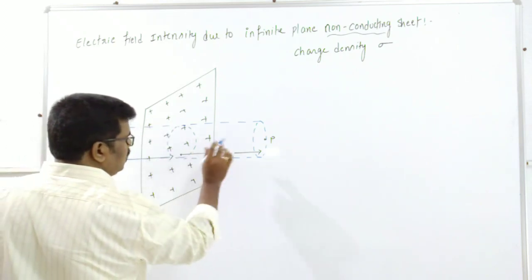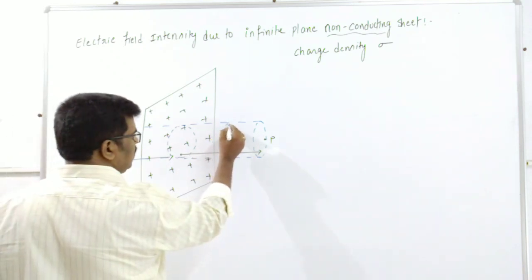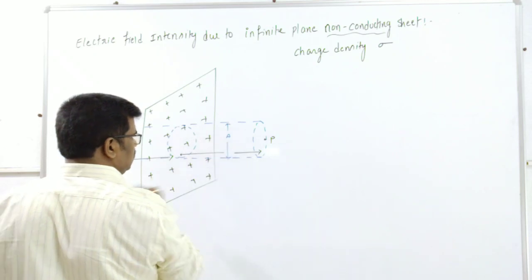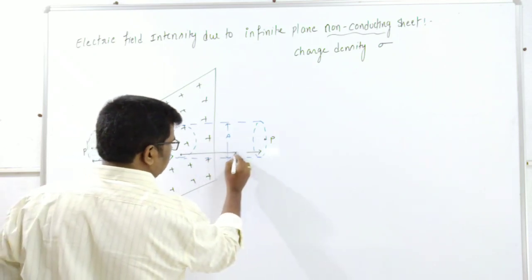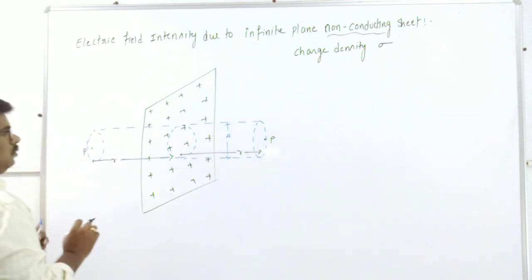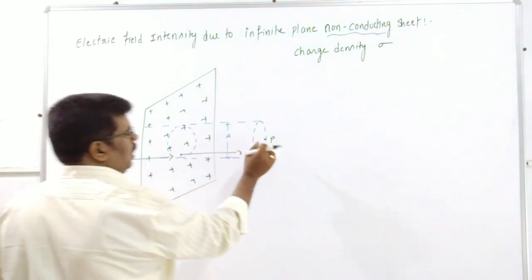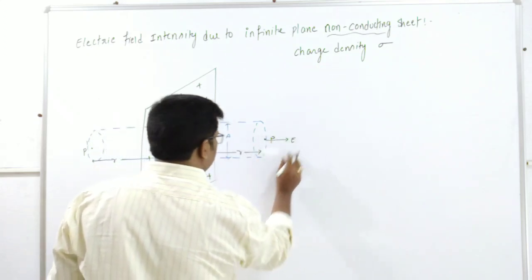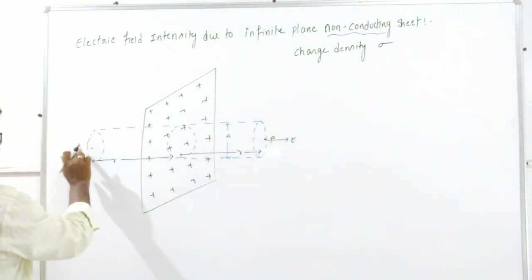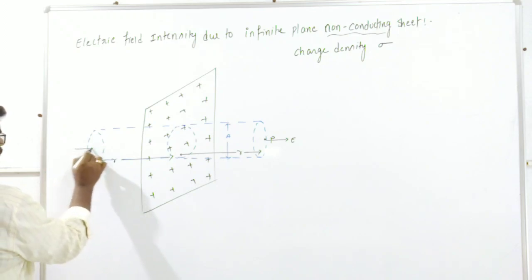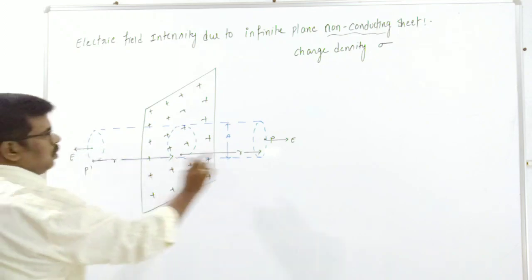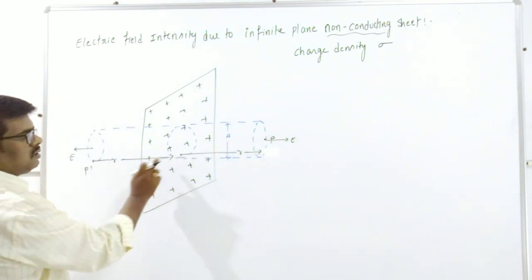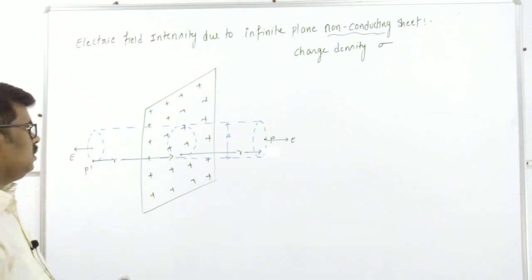This is the Gaussian cylinder we are taking, whose cross sectional area is A. Now the electric field intensity at this point P is E, as well as at point P dash the electric field intensity is E, and these two have the same magnitude but opposite direction. The reason is they are at equal distance from the charged sheet.